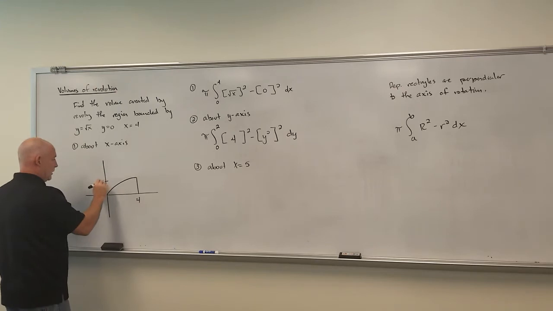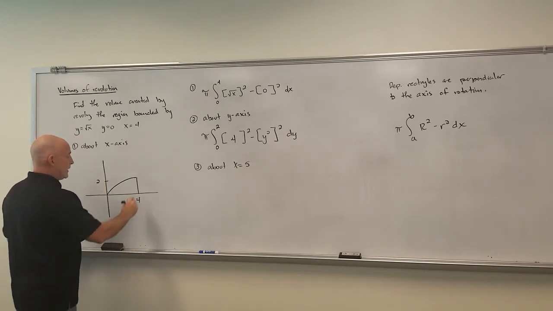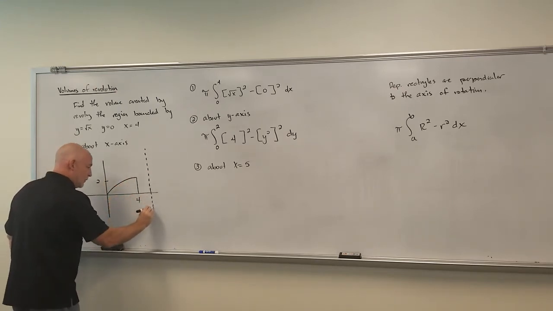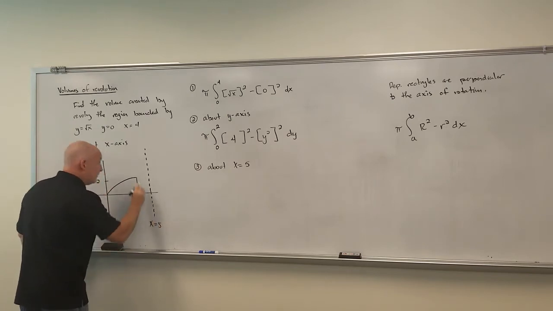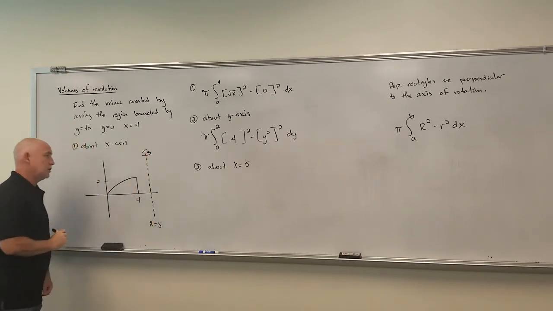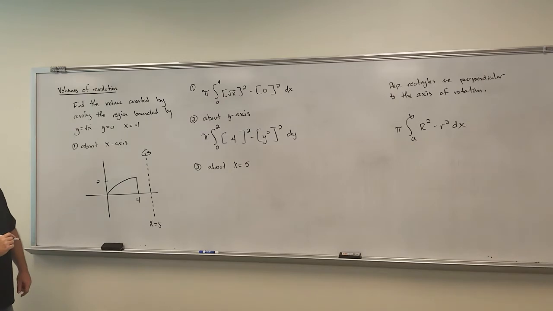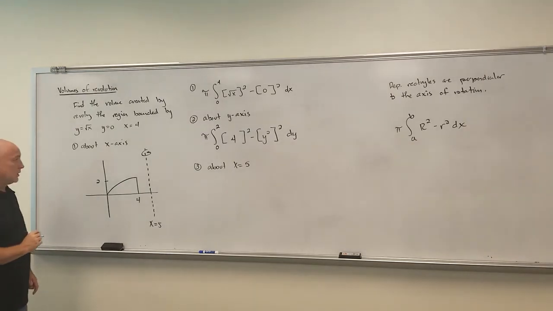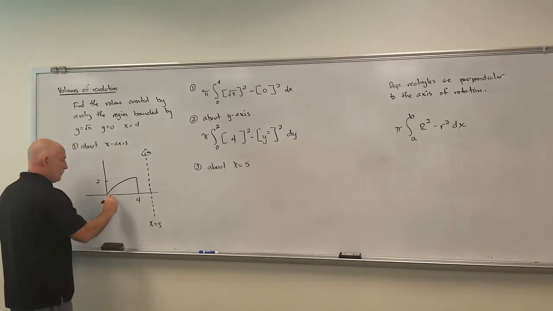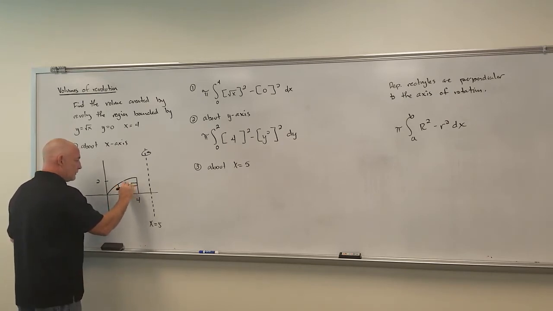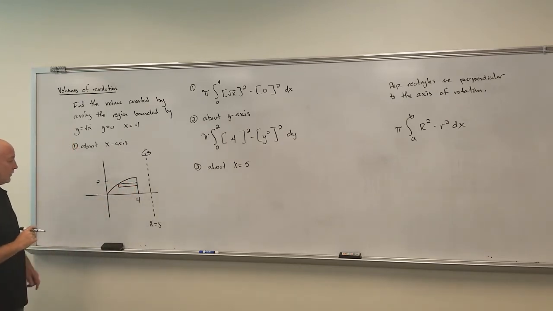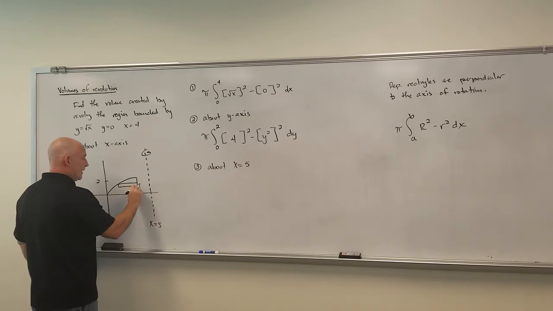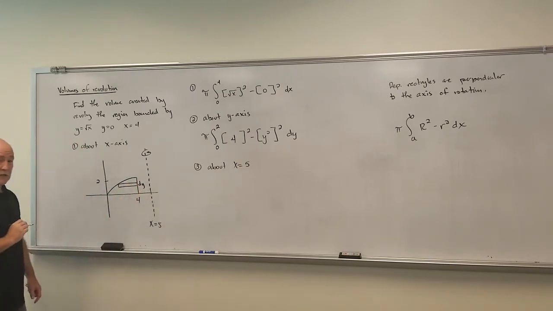That's 4, 2. Now in this case, we have the line x equals 5. That's my axis of rotation. So my representative rectangle goes perpendicular to that. So that is my representative rectangle, which in this case means I have a small piece of dy.